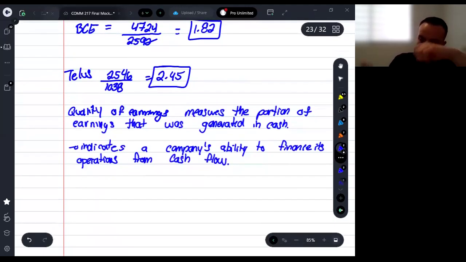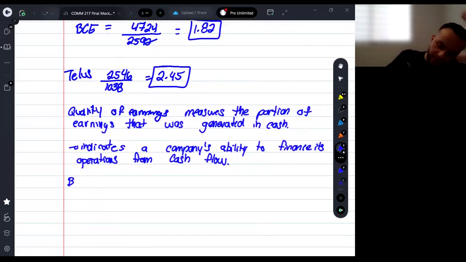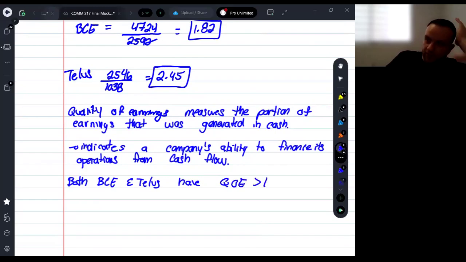Okay. Both BCE and TELUS have quality of earnings bigger than one, which indicates high quality earnings.